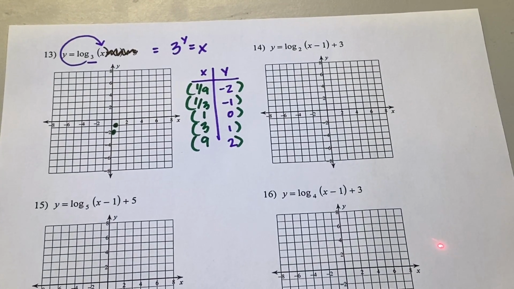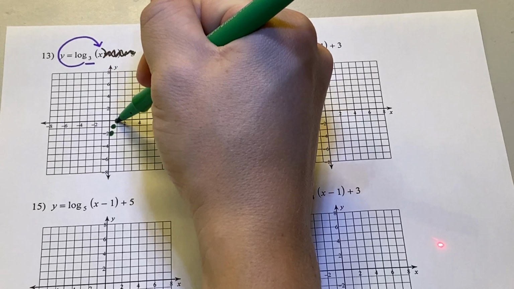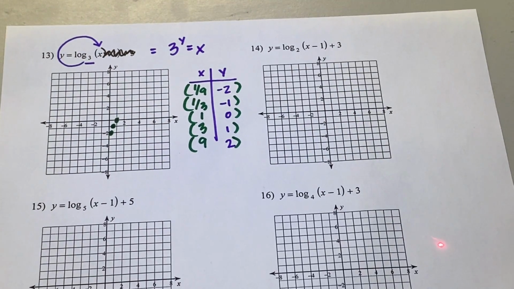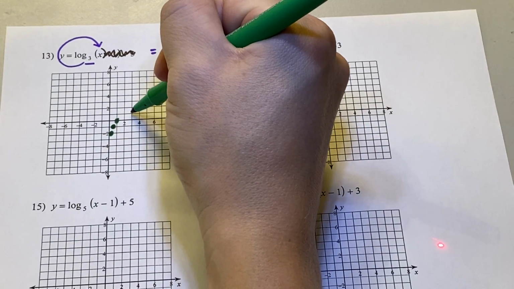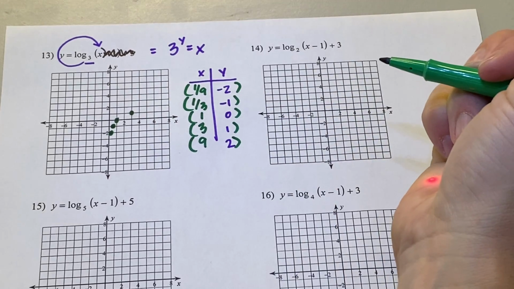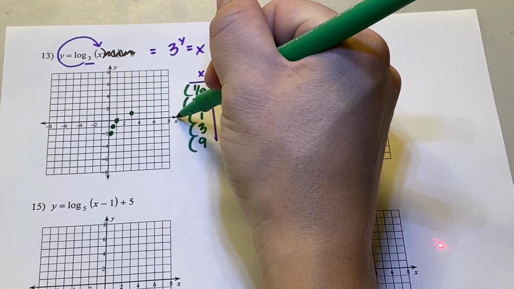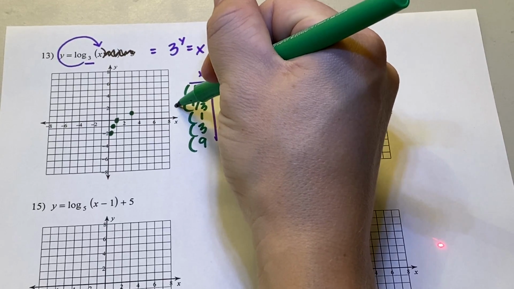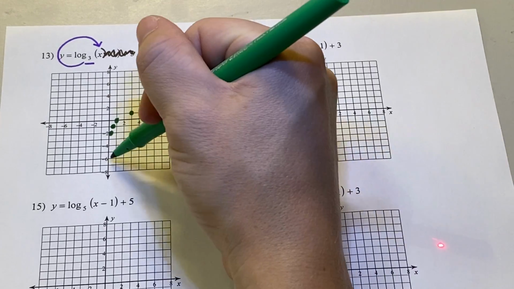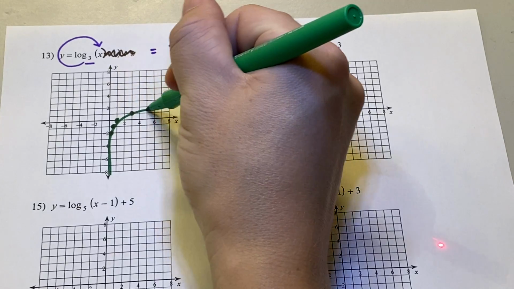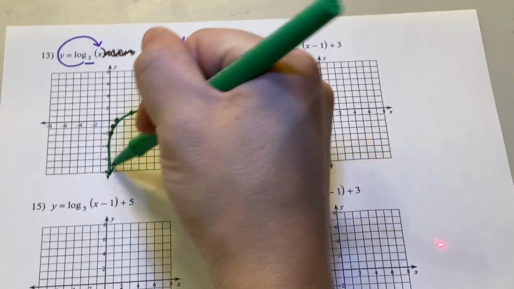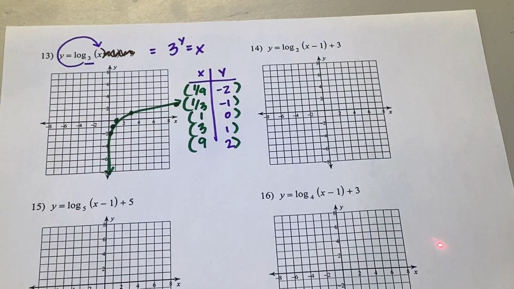Now it wants 1, 0, right there. Then 3 up to 1. And 9 would be this next spot right here, but it's going to go a little off the graph. That's okay. 9, 2. And there's our log.